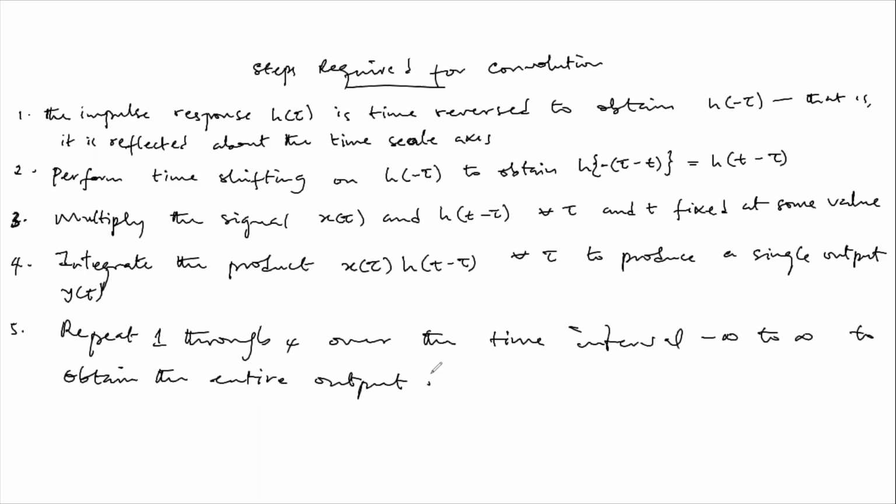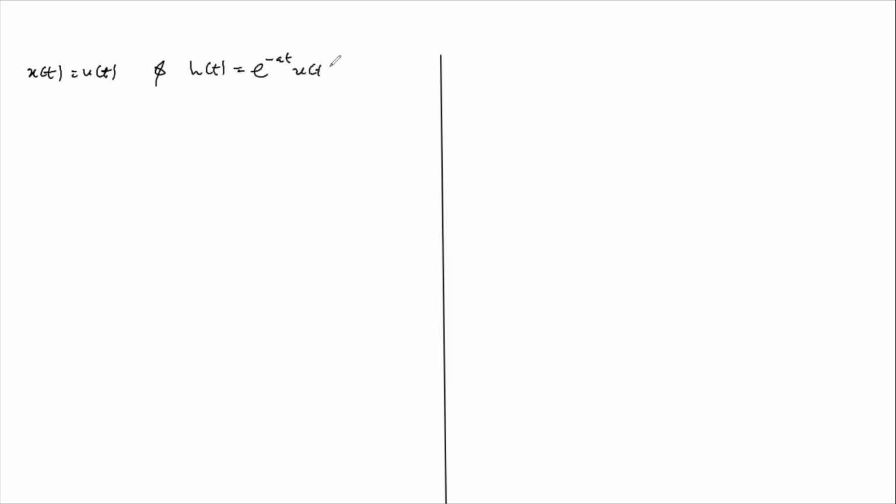Okay, let's consider one quick example. Let's assume we are given s of t to be a unit step function, and h of t to be the same as e to the minus a t times u of t, for values of a greater than 0.